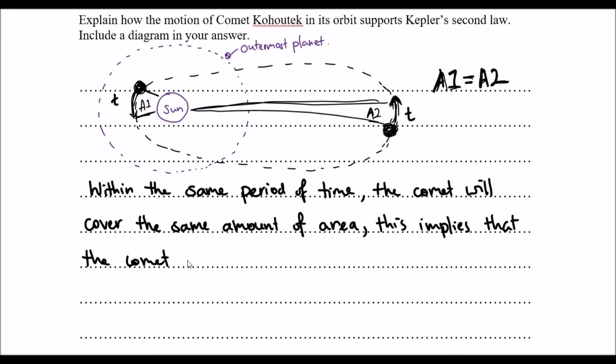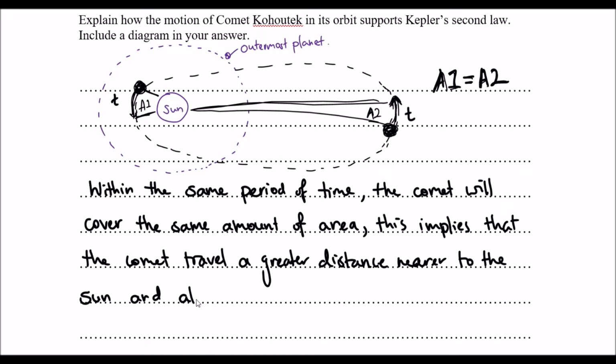The comet will travel a greater distance nearer to the sun and also much faster.